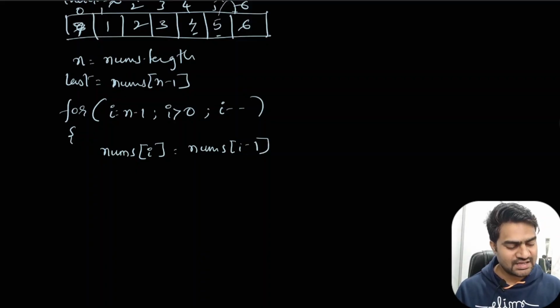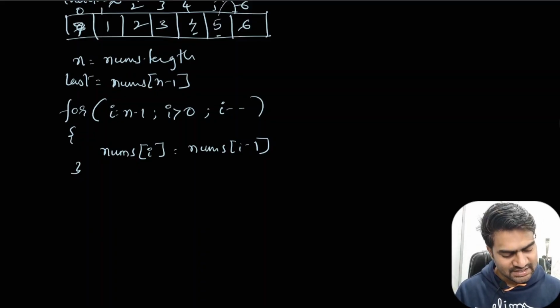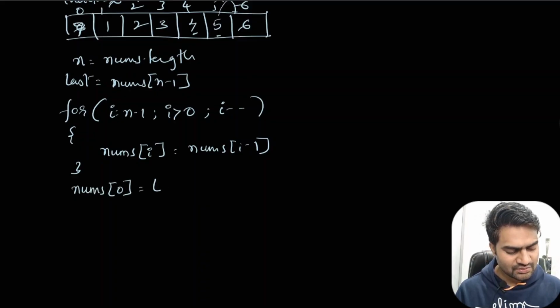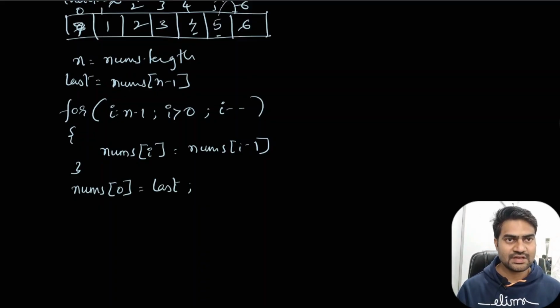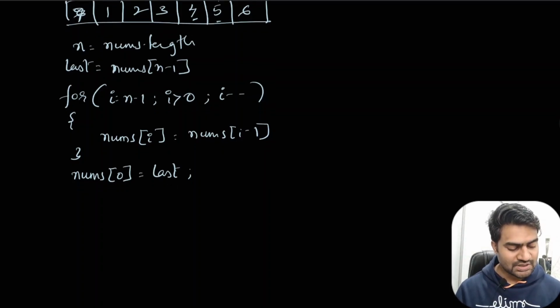This is basically the previous number. So we will do this movement. This will copy all the numbers from n minus 1 to 1 index. Then at the end, I will say nums of 0 equal to last. Okay, with this way, we will do one step shift towards right for the given array.